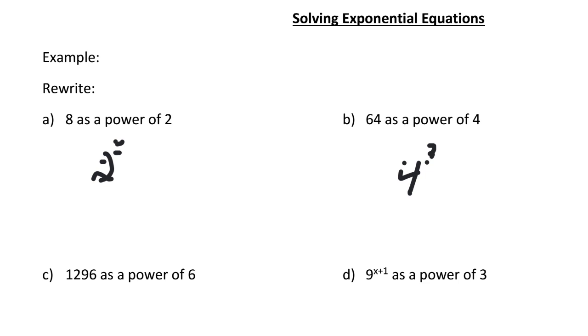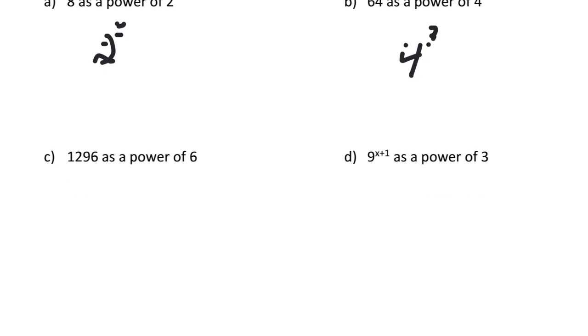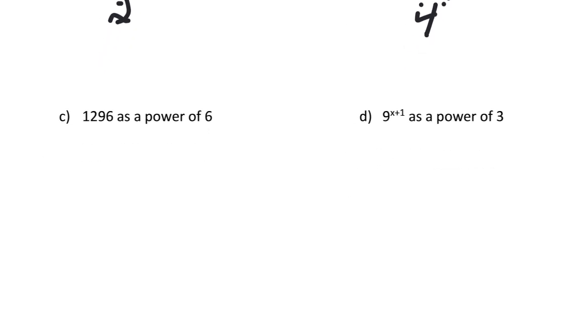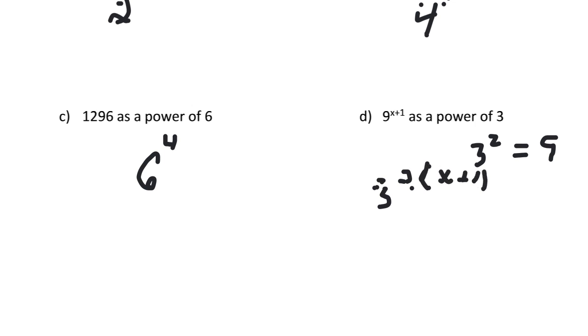Well, if I did 6 to the fourth, that would equal that. And over here, I can write 9 as a power of 3 because I know that 3 squared is 9. Then I can have 3 to the 2 times parentheses x plus 1. Then distribute that, and you get 3 to the 2x plus 2. And that's how we can write that.